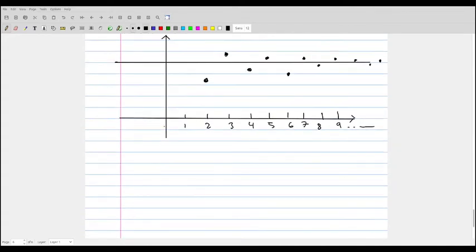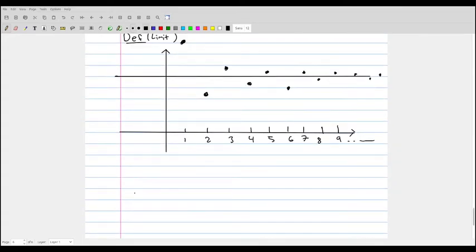The mathematical definition of a limit existing is very similar to the limit for functions.